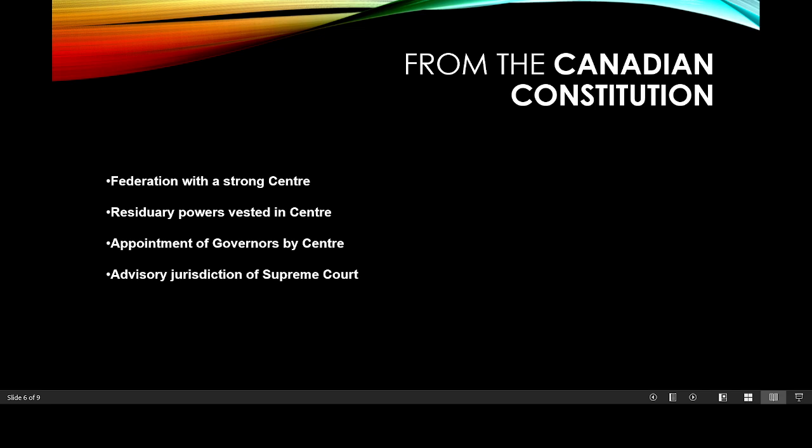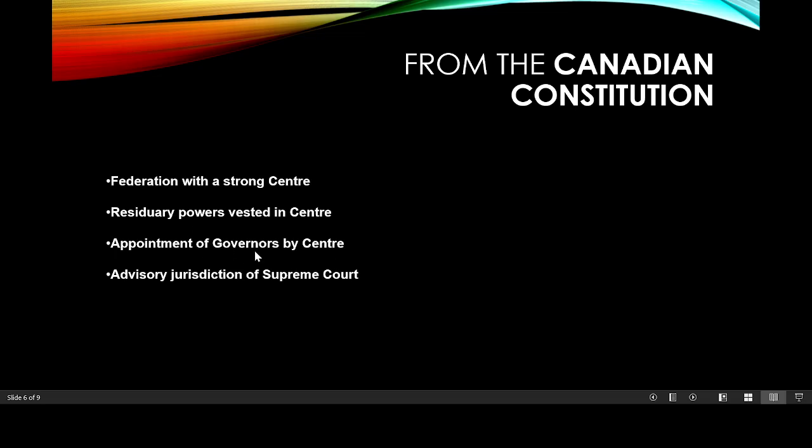Okay. Then next, residuary powers vested in center. It means you know that we have three lists: union list, state list, and concurrent list. If any power is not written in any of the lists, where is the power vested? It is vested in the center. Then appointment of governors by center.